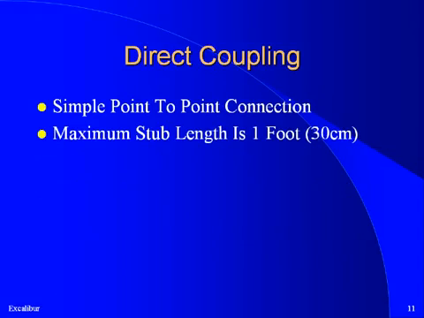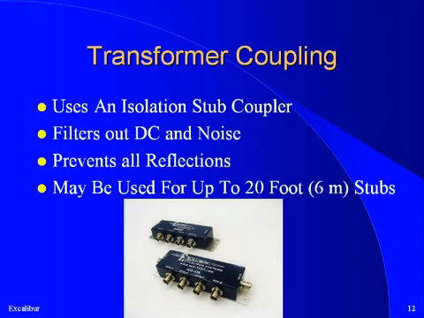Direct coupling is a less clean method of connecting devices, and the spec restricts the length of stubs connected in this manner to 1 foot in length. Transformer coupling uses a passive device called a transformer, which contains circuitry to filter the signal.